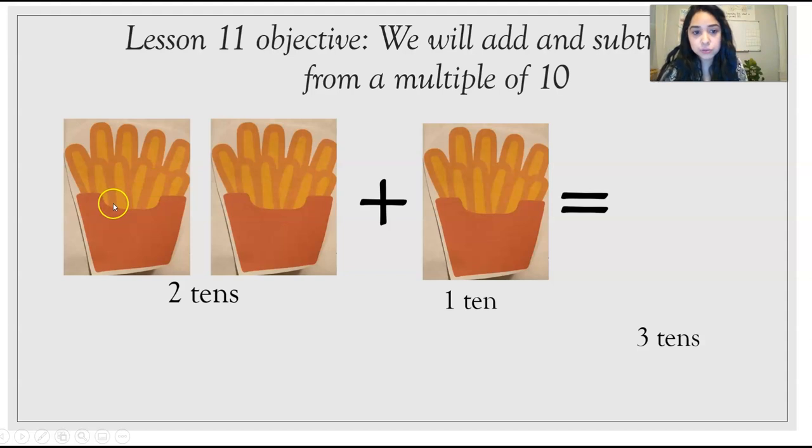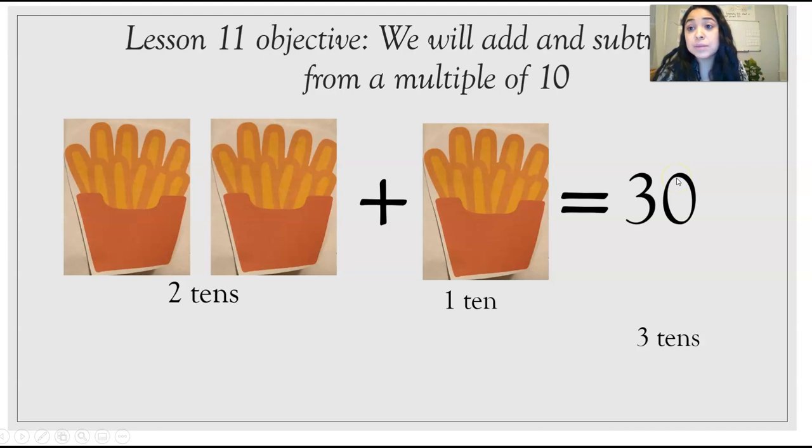So all in total, I have 1, 2, 3, 3 10s. So remember that these are groups of 10. So I have to count them by 10. So I would start right here. 10, 20, 30. So we have the number 30 right here.